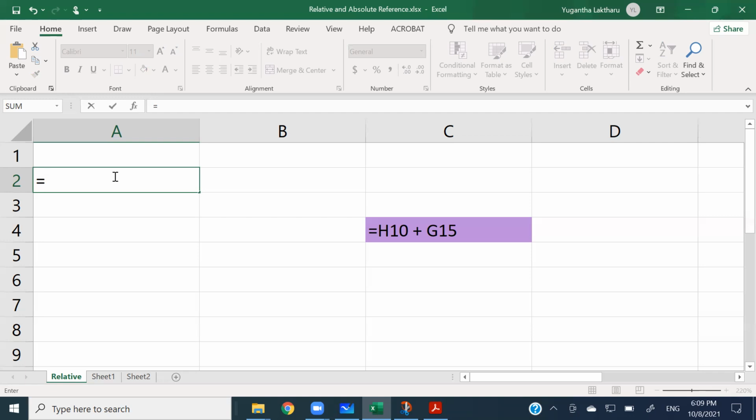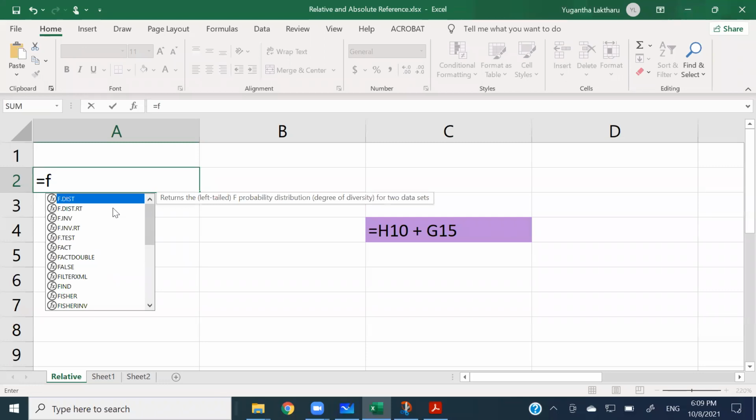So H is going to change into G and then into F. In the B column it's going to become G, in the A column it's going to become F. So H is going to become F.